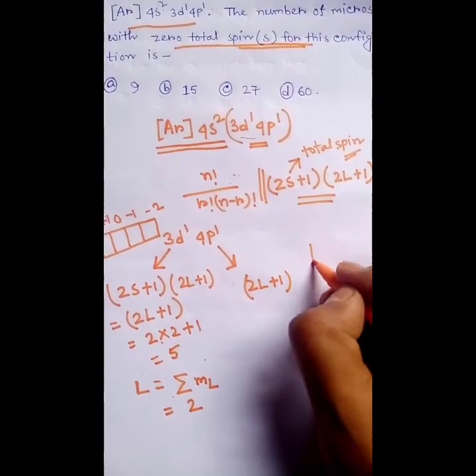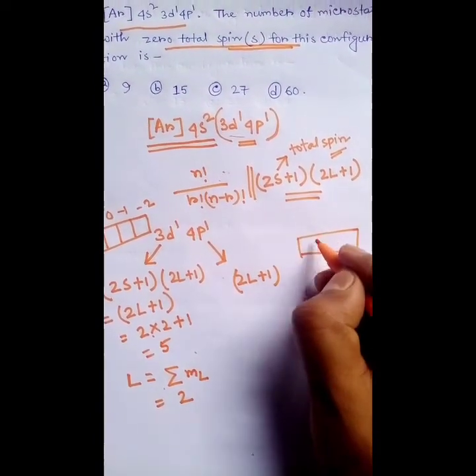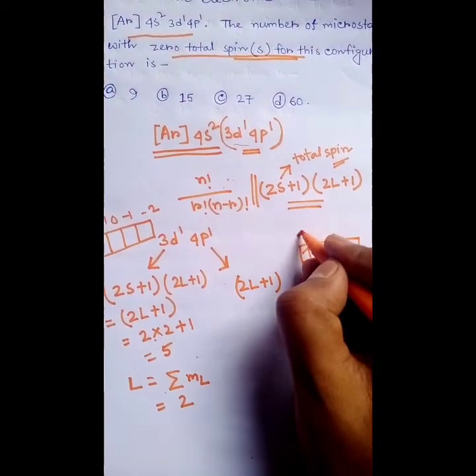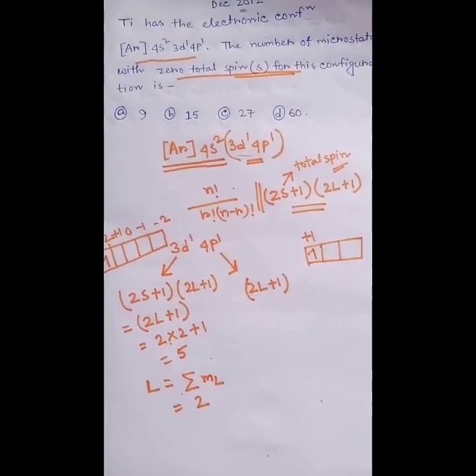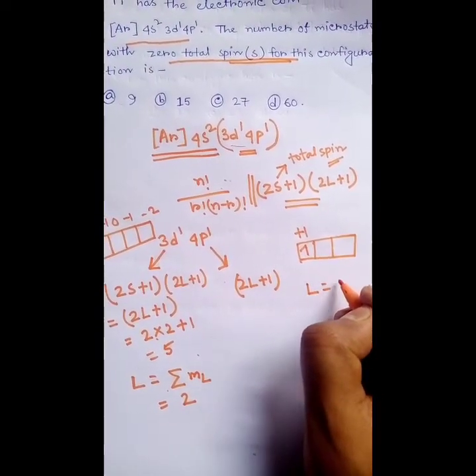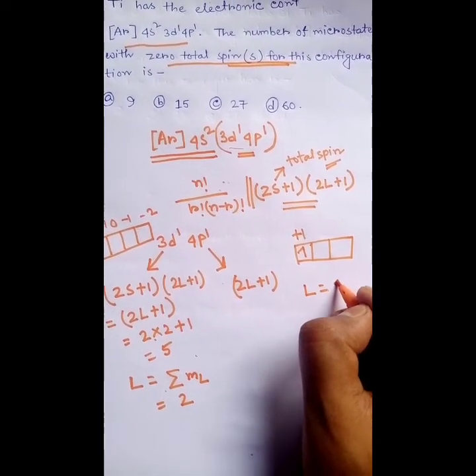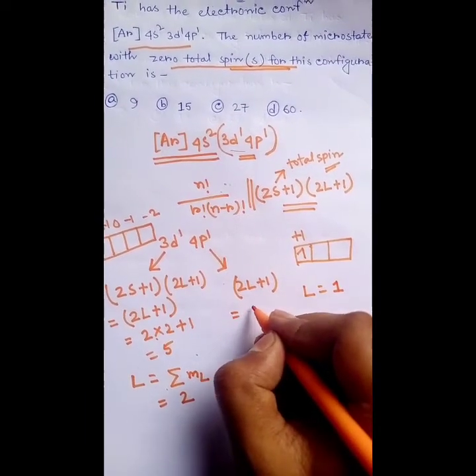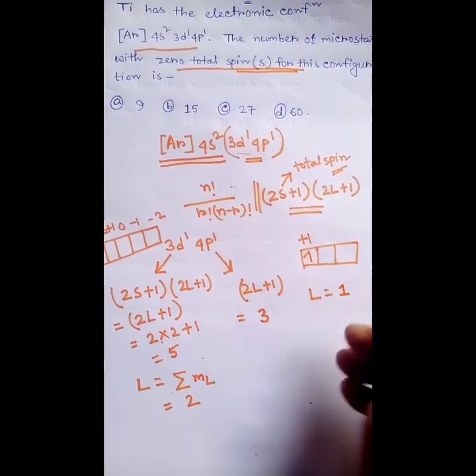But for 4p1, what will be the value of L? One electron is present in the 4p orbital and the magnetic quantum number is +1 where the electron is situated. So in this case L will be 1 because only one electron is present. So for 4p1, the (2L+1) value will be 3.